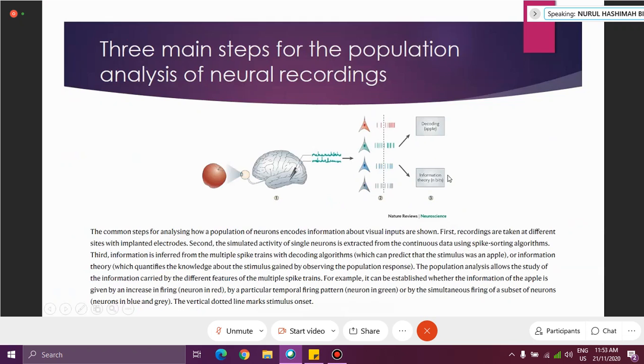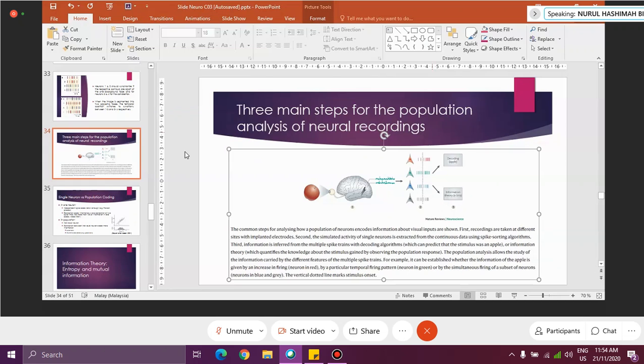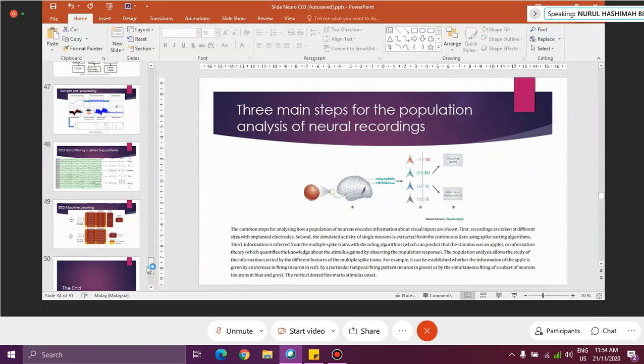We have covered information theory in bits. We use mutual information to determine the probabilities of seeing an apple or seeing a banana using information theory, just now what I showed you. The decoding part is based on a data mining or machine learning approach. So now we look at decoding.